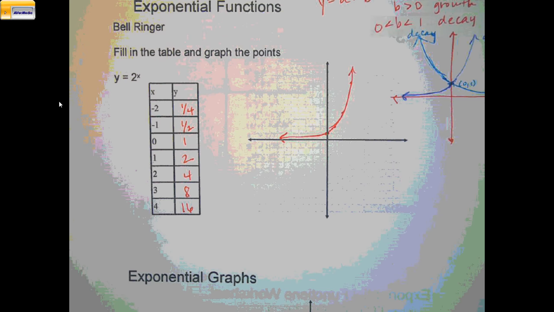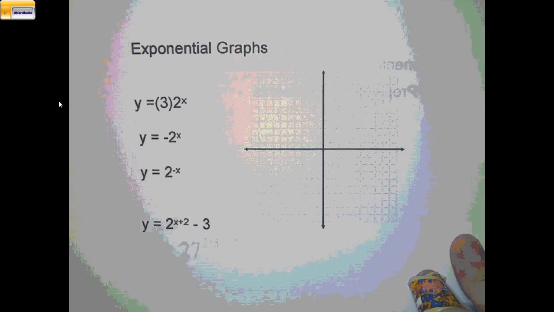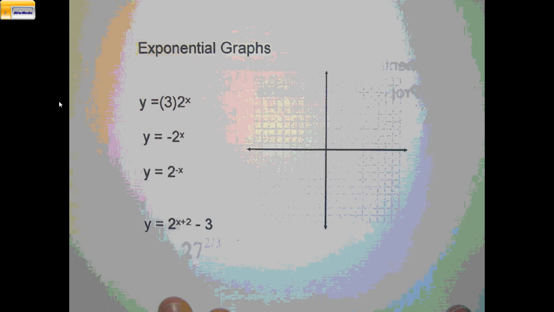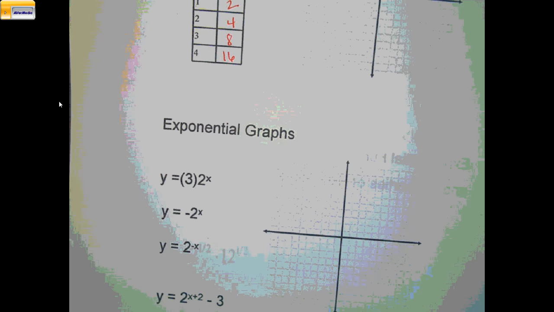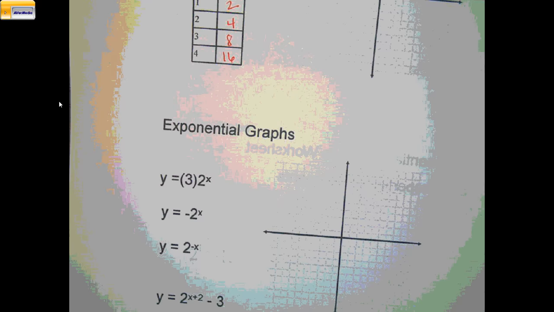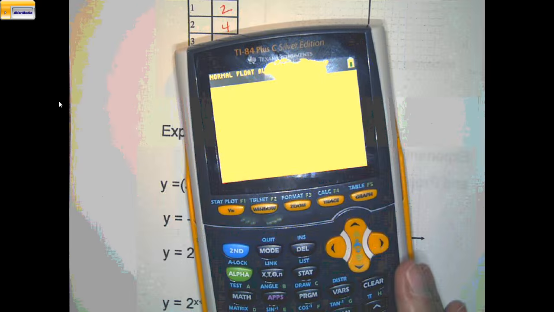Now the next little section wants us to graph 4 different things. I'm going to save us some time. You've got a calculator, and I know you can graph by hand. So grab your calculator, type all those in, and let's look at them. Make sure that you put your calculators back into the function format instead of polar coordinates.